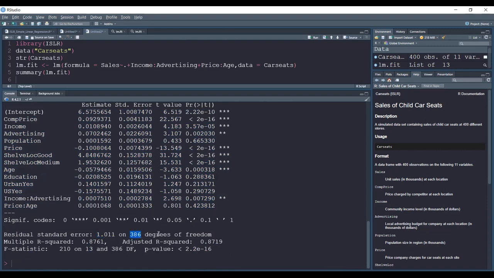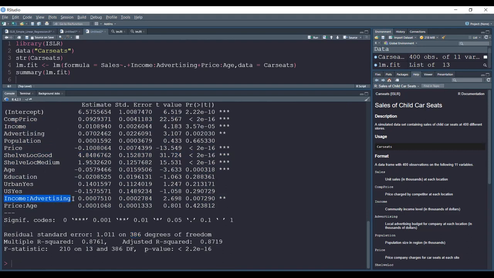We have 386. This is interesting. Didn't we have 400 observations? Why is it 386? Do you deduct 2, and do you also deduct the number of predictor variables? That might make sense, right? That would probably take you to around 386.